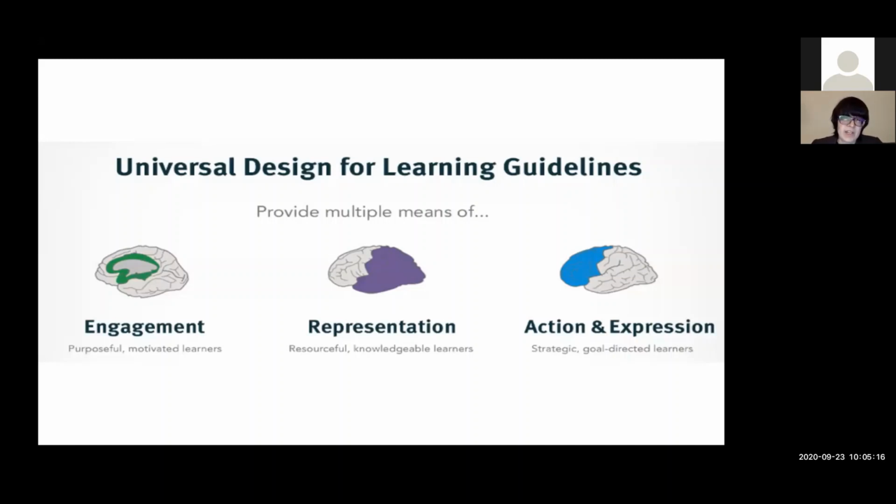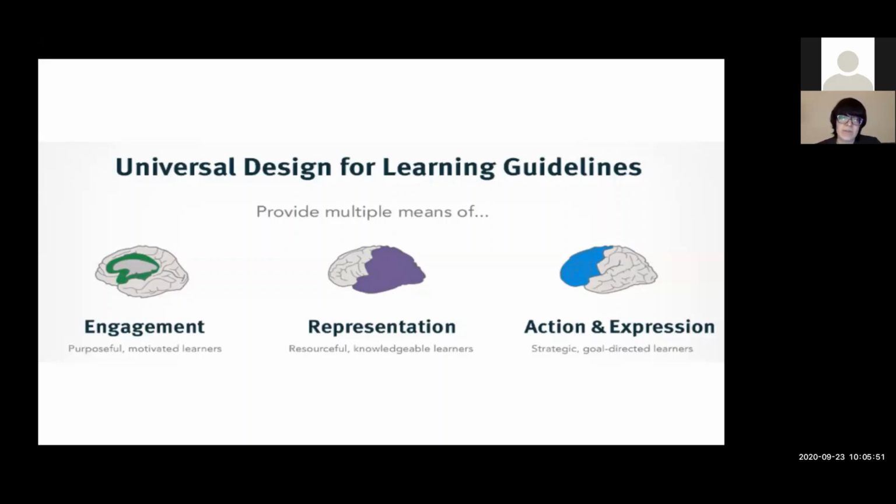Multiple means of representation means that you present the information in multiple ways so that you're supporting learners of all different types. And that may encompass many things that we're used to seeing for accessibility purposes, such as captions on videos, or offering things in Braille. But it also includes offering support for people as they're learning new language, new terminology, symbology that they're not familiar with, for example, when you're using math symbols.